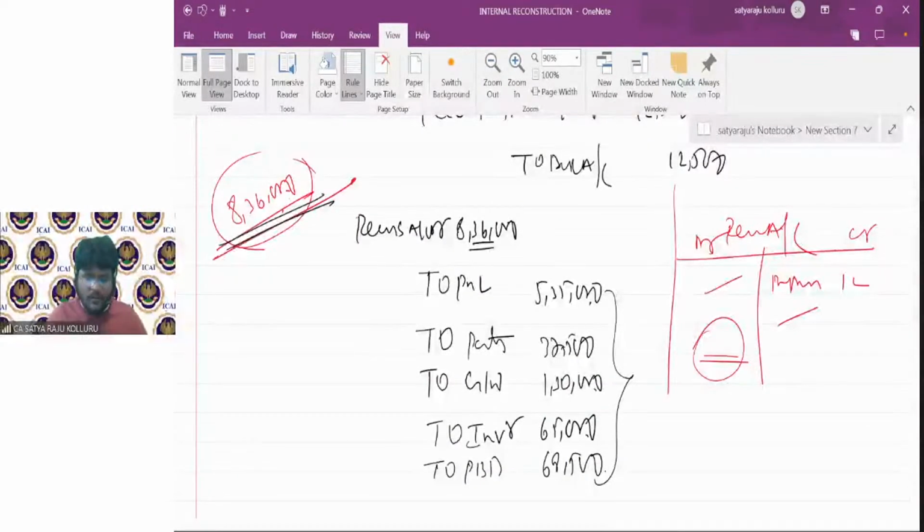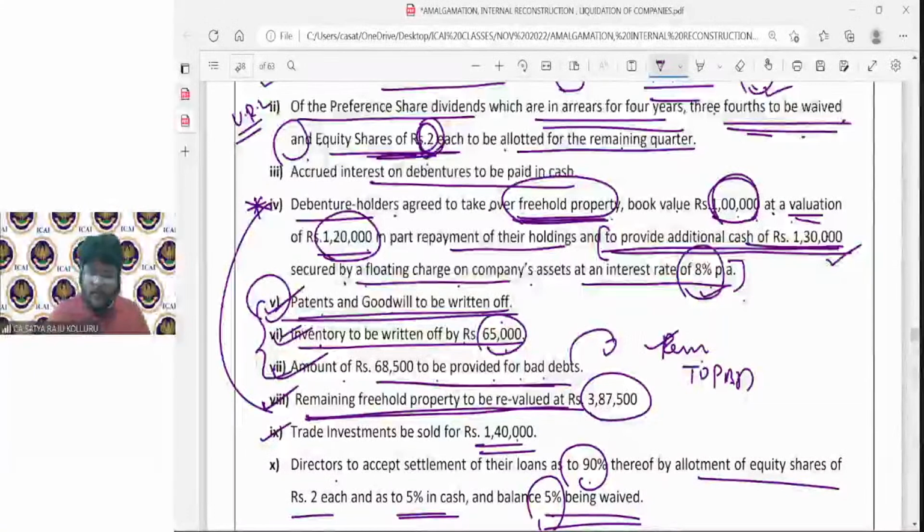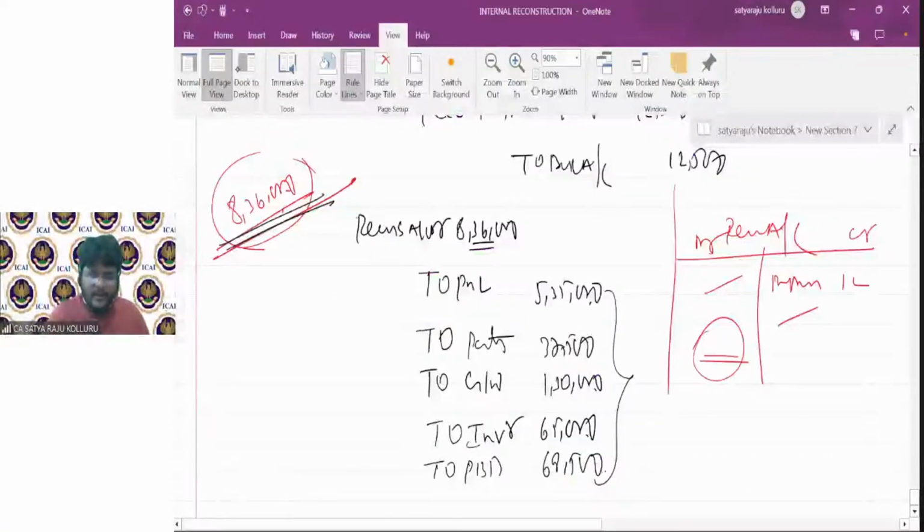Now all of you please make the total of the credit aspects. 5,35,000 plus 37,500 plus 1,30,000 plus 68,500. So I got 7,71,000. Am I right? One more time, please, all of you cross check. I got the total of credit aspects as 7,71,000.